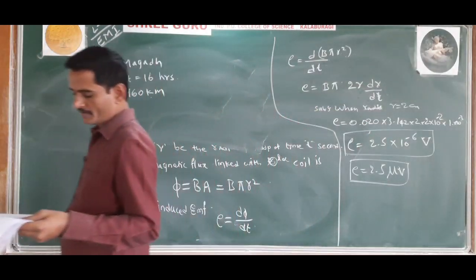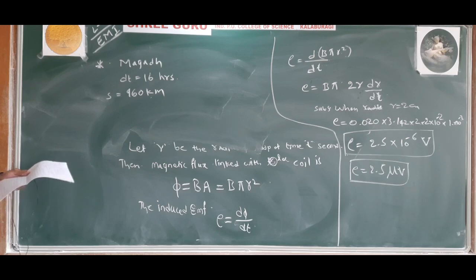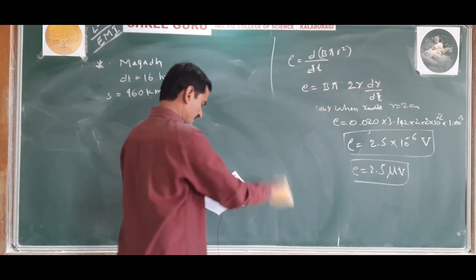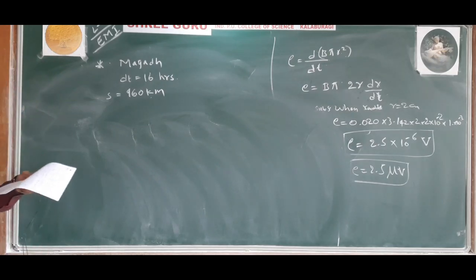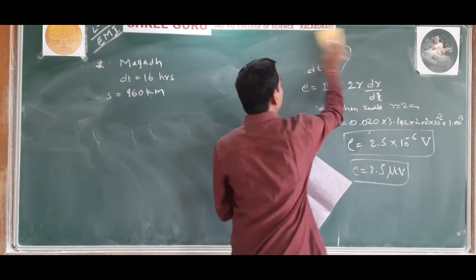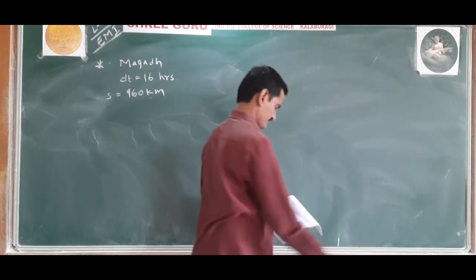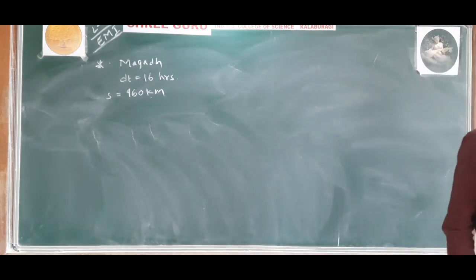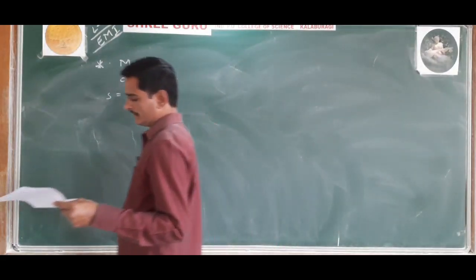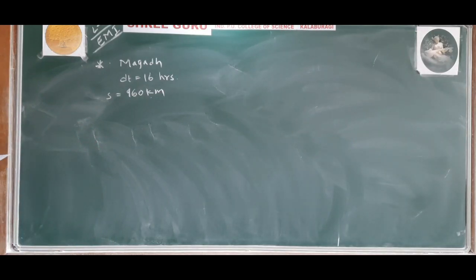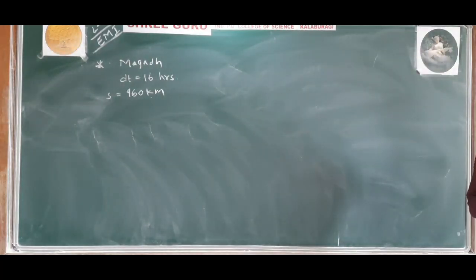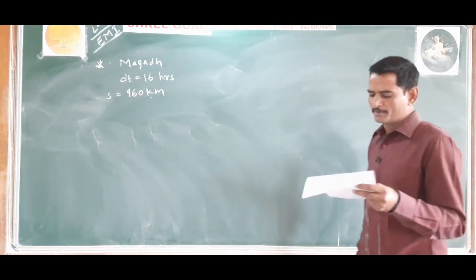You please stop. The rails are separated by 130 centimeter, and the vertical component of the Earth's magnetic field is 4.0 into 10 to the power minus 5 Tesla.